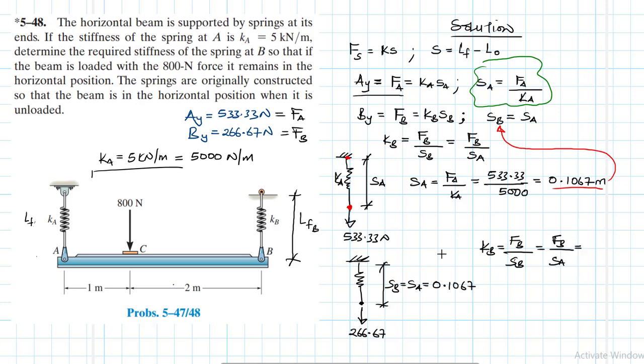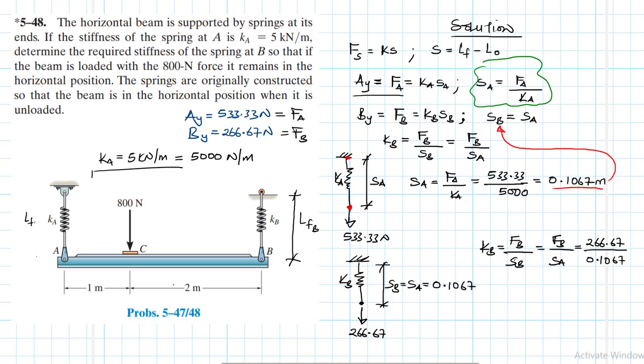And what is FB? FB is equal to BY, which is 266.67 newtons, divided by SA. And what is our SA? We already found it, 0.1067.